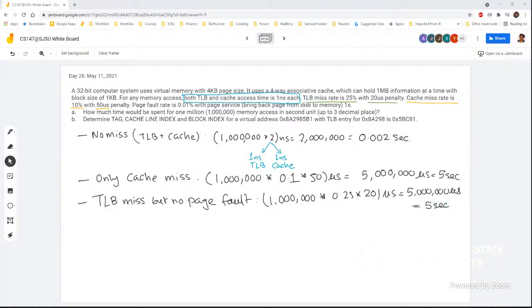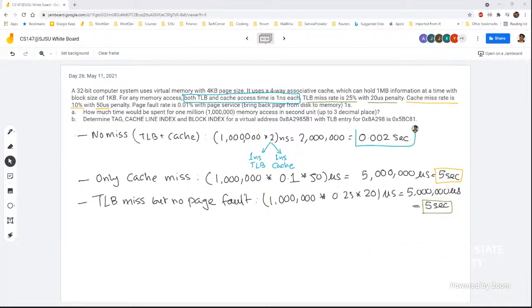So we have different components. One is our TLB miss scenario. Another is our cache miss scenario. Another is no miss.